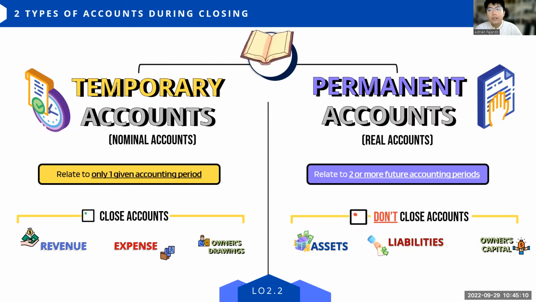On the other hand, you have your permanent accounts, or the real accounts, that relate to 2 or more future accounting periods. For them, we don't zero them out, we just update them. The permanent accounts are your balance sheet items: your assets, your liabilities, your owner's capital. Out of all of the slides for closing the books, this is one thing that we have to master theoretically.